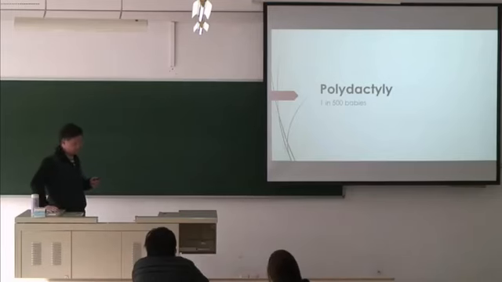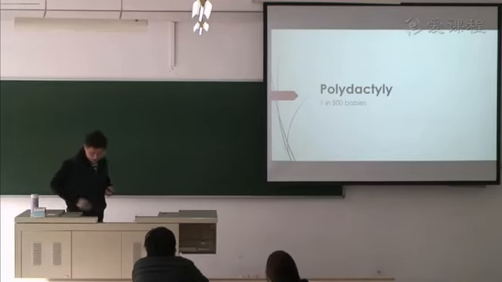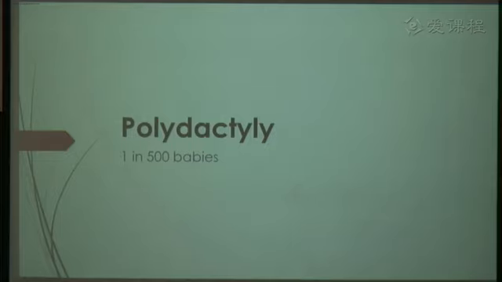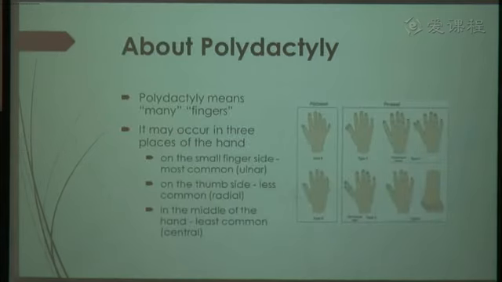Another type of limb defect is called polydactyly. It happens in 1 in every 500 babies. From its name, you can tell it literally means many fingers, or sometimes many toes as well.